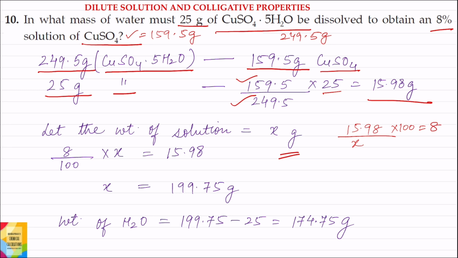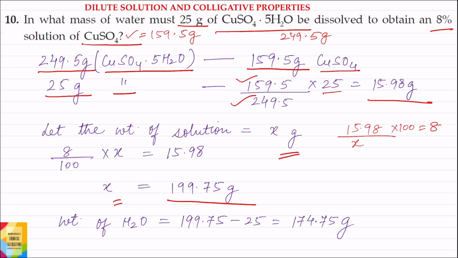And if this is rearranged, we get 8 by 100 into x is equal to 15.98, and solving we get the value of x is equal to 199.75 gram. Now this 199.75 gram of the solution contains 15.98 gram of anhydrous copper sulfate, but it is prepared by dissolving 25 gram of hydrated copper sulfate in water, the solvent.